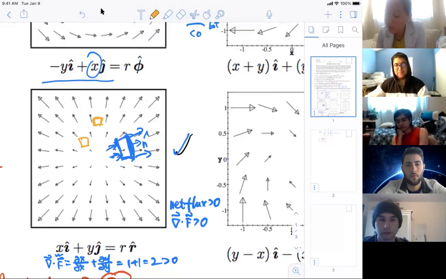You can see that the two legs on the two sides are about equal strength pushing, and I oriented my paddle wheel perpendicular, so it's not really pushing on the top and bottom leg. So in this case, it doesn't look like it's going to spin. But I agree with you, this is not as conclusive as the first one. And that's why we always want to have multiple methods to double check with one another to make sure. So in this case, the curl of this is actually zero.